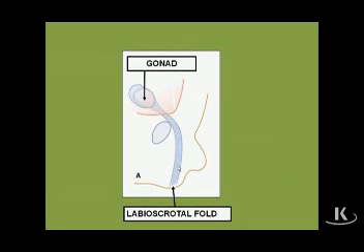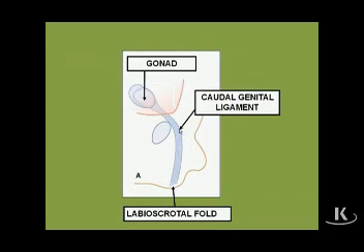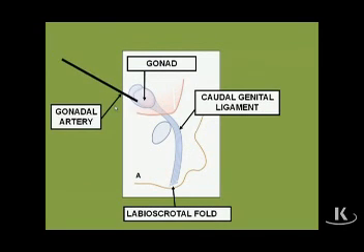And the name of this thickening of this ligament is the caudal genital ligament. The caudal genital ligament runs from the caudal end of the gonad and attaches to the body wall at the labioscrotal fold.